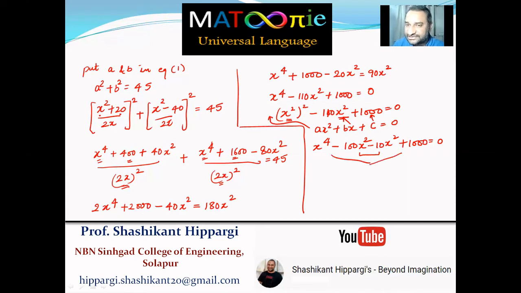Minus into minus is plus, 100 into 10 is 1000, and x square into x square is x raised to 4. The addition of these two terms should give you the center term: minus 100 minus 10 is minus 110 x square.